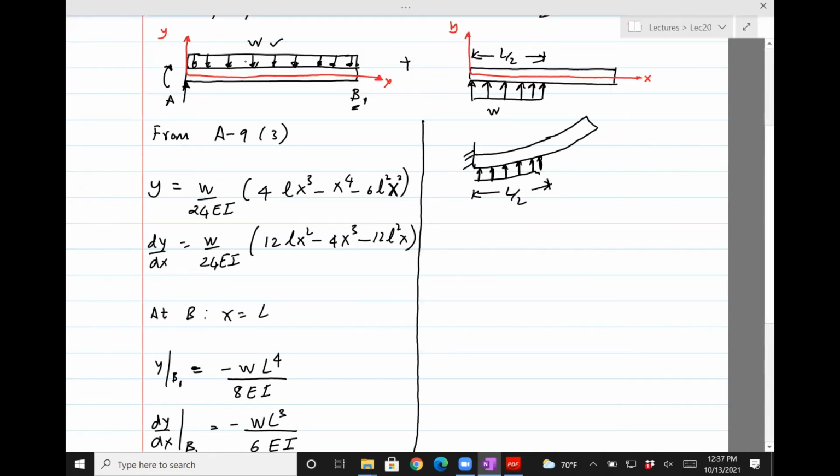So what we need to do is find the deflection. Let's call this point C. So the deflection here, let's call it C2. Let's call that B2. So we can find the deflection here, and then we can find the slope here.